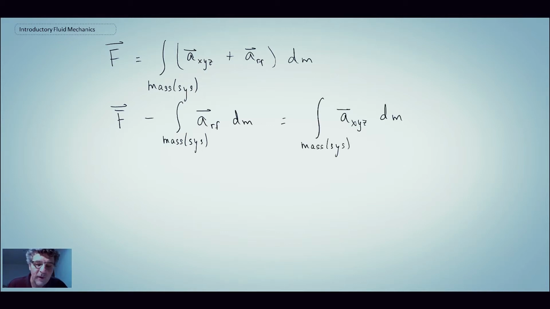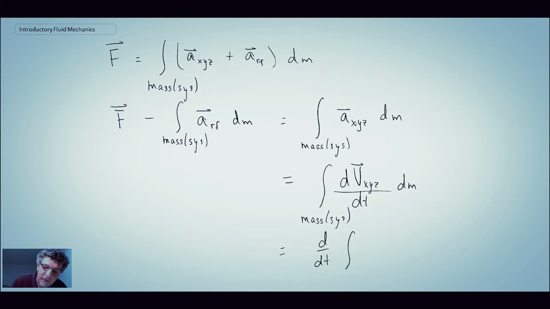So that is Newton's second law re-expressed, and we have an acceleration of the system with respect to the non-inertial reference frame, the one that can be moving and accelerating, and then the acceleration of the frame with respect to the inertial reference frame. So we have this equation here. What I'm going to do, I'm going to make a substitution again, and re-express this in terms of a time derivative of the velocity. And I'll pull the d by dt out of the integral.